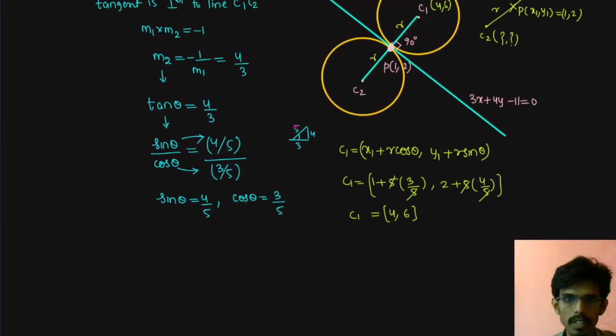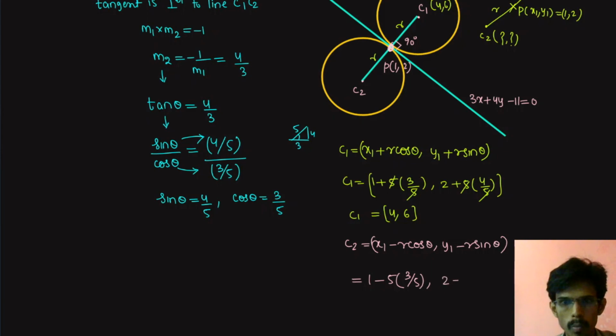Similarly, C2 is below this point, so C2 will be x1 minus r cos theta, y1 minus r sin theta. So C2 will be 1 minus 5 into 3 by 5, 2 minus 5 into 4 by 5.